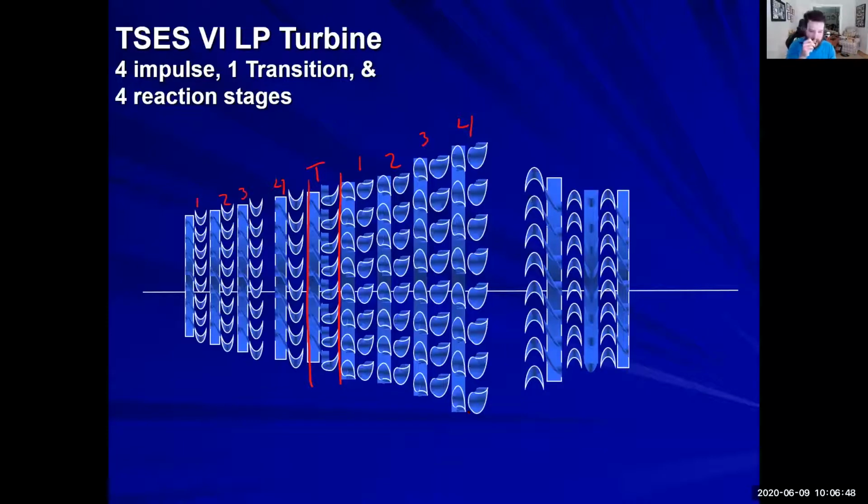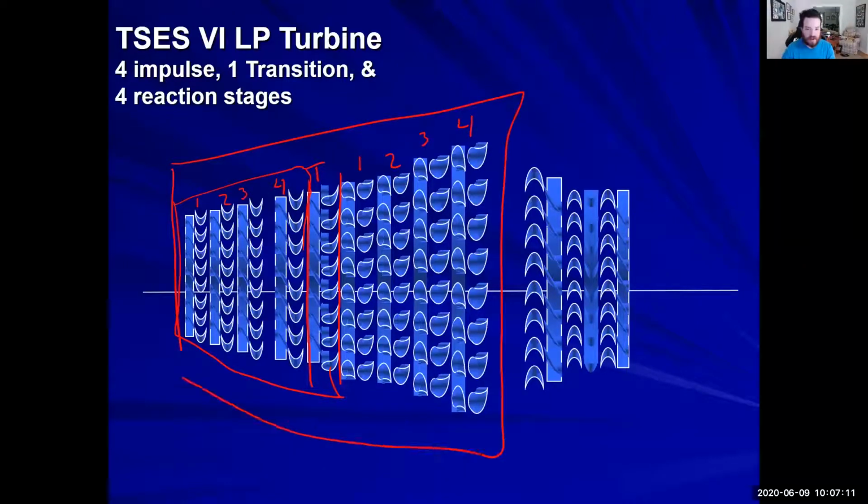Basically, you have the same thing, your impulse stages in the beginning. The transition is just flipping it around, so that it's transitioning into a different type of turbine blade. And that's the 4 reaction, and that's your head turbine for your LP turbine. This is all used in a head steam.